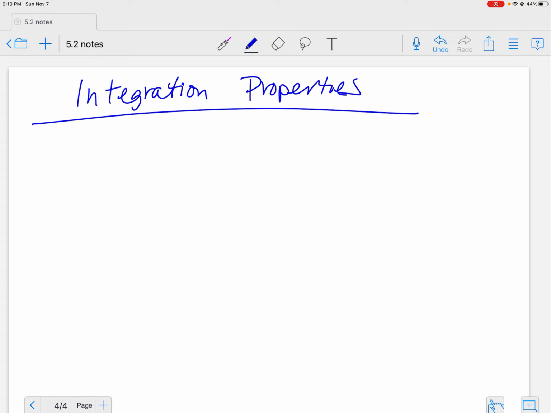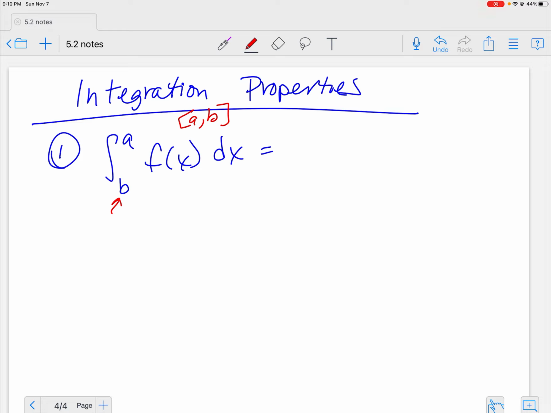All right. So, number 1. If I am integrating from B to A of f of x dx, if you end up with this b here, because I'm on the interval from A to B, and I have my bigger number here on the bottom, you don't want your bigger number on the bottom.